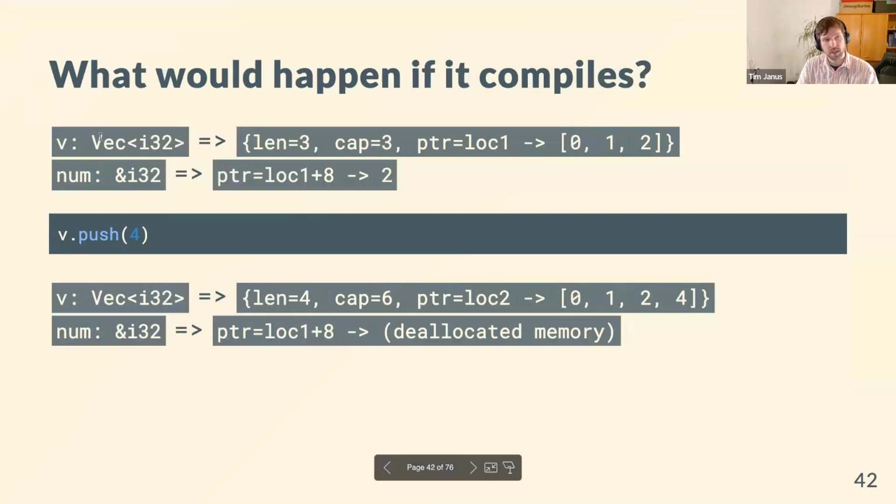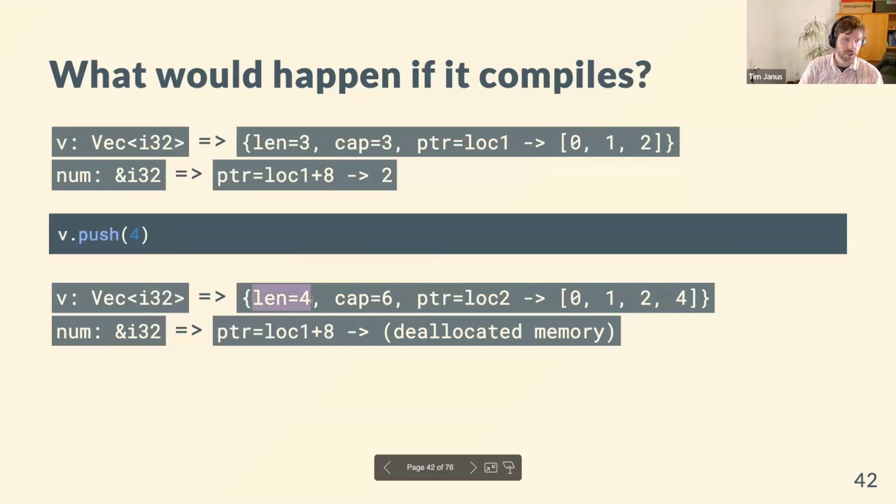If that would compile, what we would end up with in memory is, before this line, this vector that has a length of 3, for example, on the stack, a capacity of 3, and some pointer to location 1 that points to this data in memory. And then you have the reference that is also a pointer to this. So with respect to location 1, after the push, internally Vec has to reallocate the memory because it's not big enough.